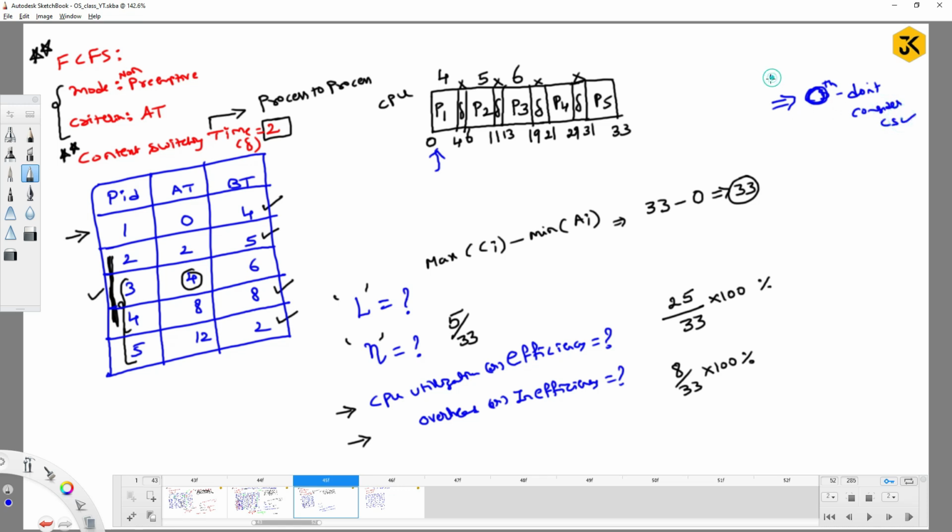Like that they will clearly mention. No need to worry. If they have not mentioned, just go with adding the process, and then after switching from process to process you have to consider it, right? As at the 0th time you are not switching from a process, we are just adding the process, that's it. So that's why in this particular question I have not taken context switching at 0 seconds.